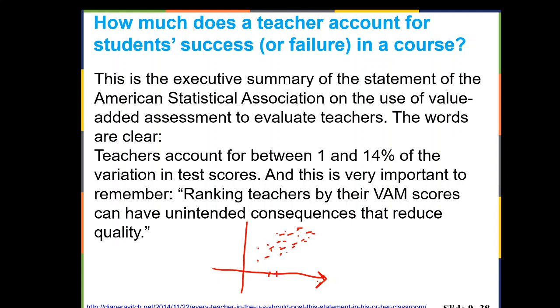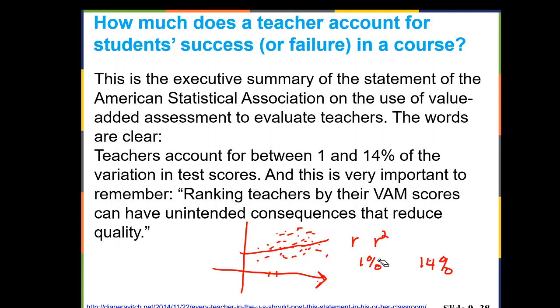And they found out that the connection here, there is a line, of course, there is a positive correlation. So there is an R. But they found R squared, and R squared was between 1% and 14%. That means in the best scenario, the best teacher can only affect 14% of the success on standardized tests, from 1% to 14%.